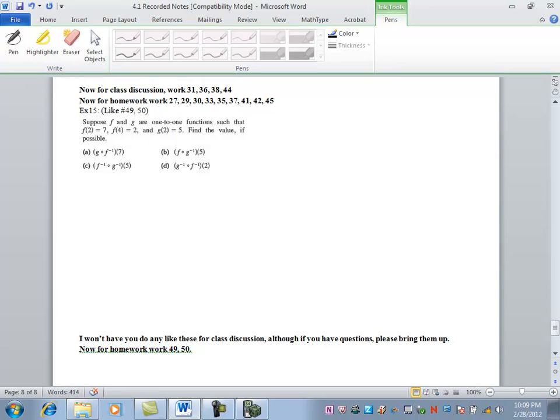Now before we finish off this last example here, we should note that if f of 2 equals 7, then f inverse of 7 equals 2. And likewise, if f of 4 equals 2, then f inverse of 2 would equal 4.